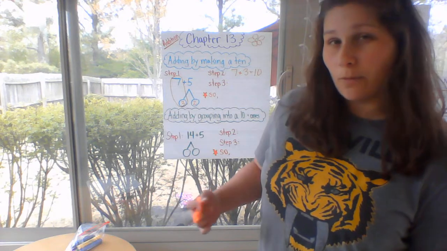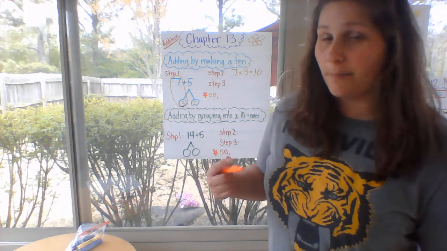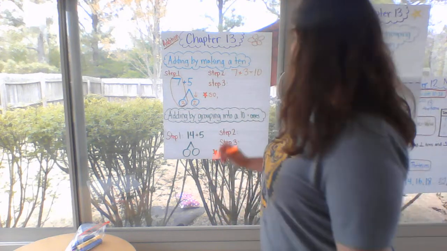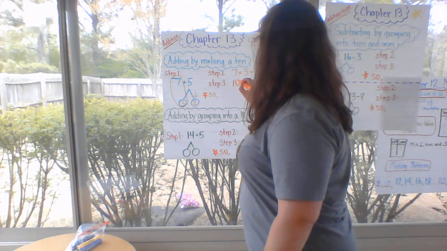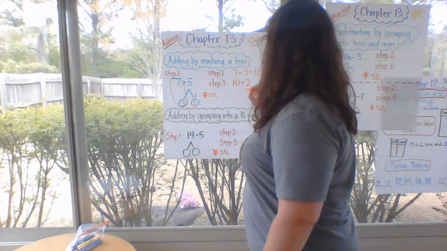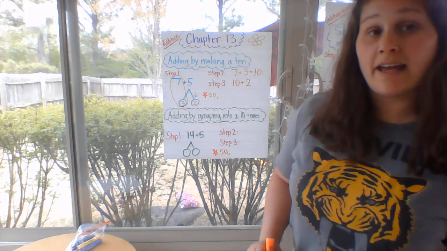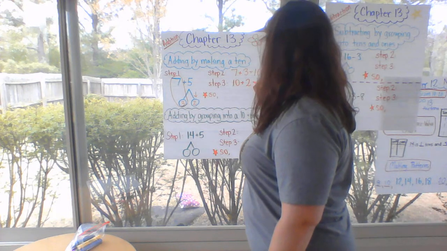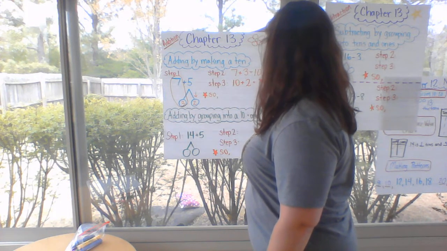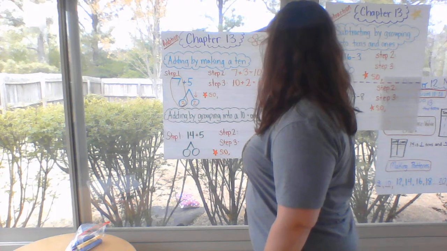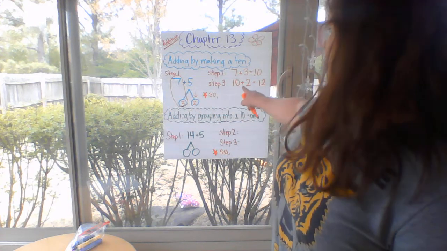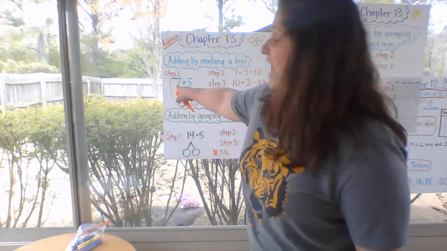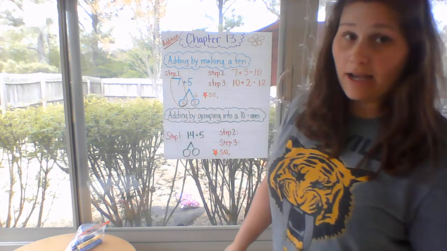Remember, your leftover ones are whatever you didn't use in the number line. So right there, the 2. Right? So 10 and 2. Okay? So 10 and 2 equals 12 is the same thing as 7 and 5.